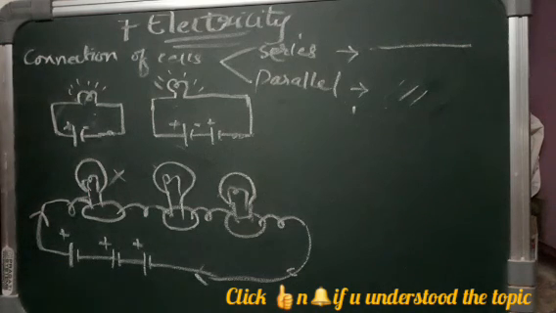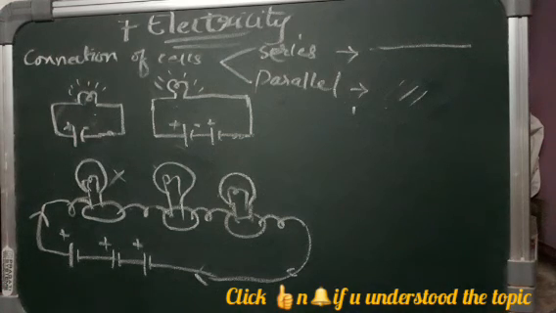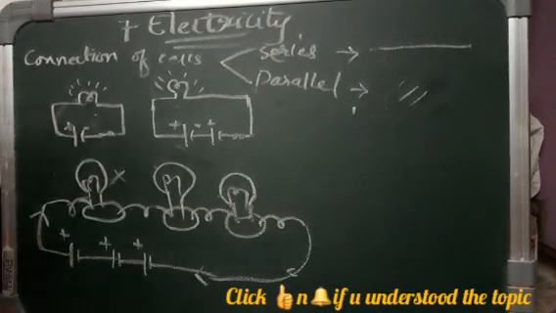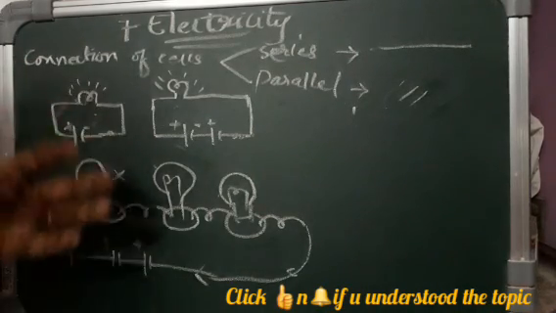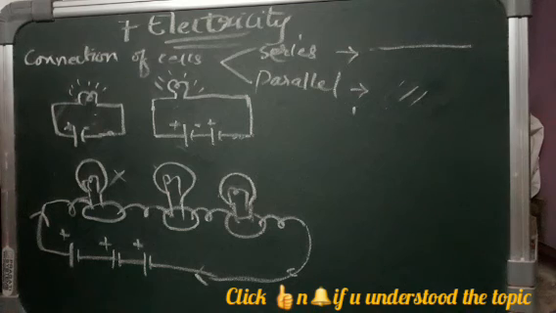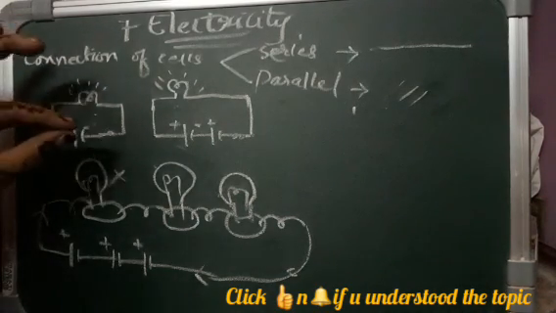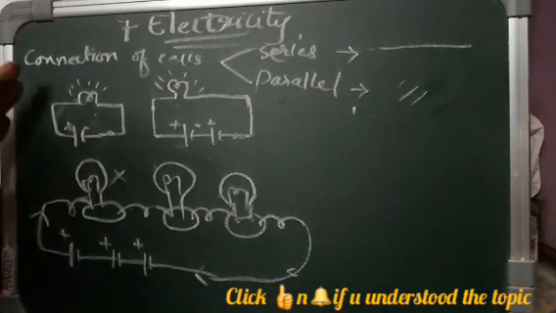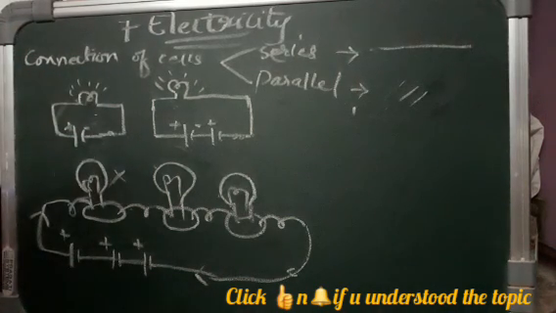This is also observed in serial bulbs used in decorative items at the time of marriages and festivals, when we put lights on our houses. That is a symbol of happiness, right? If one of the bulbs gets fused, then that whole line will not be working.